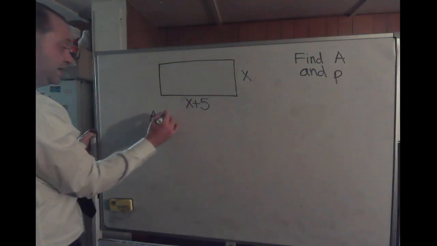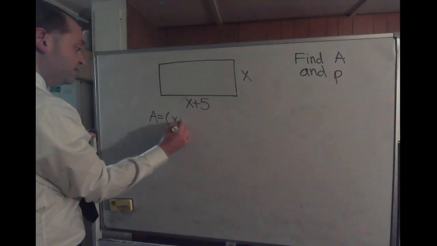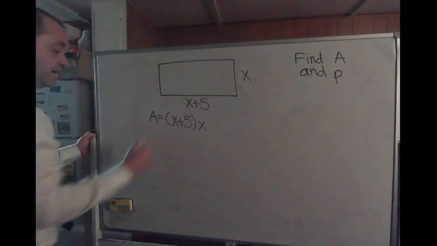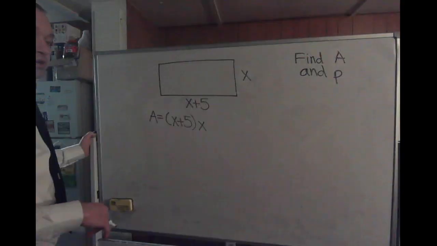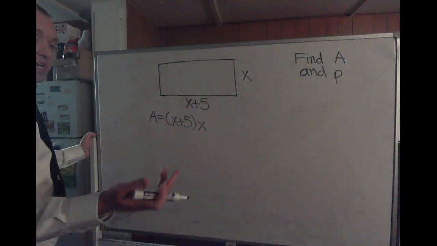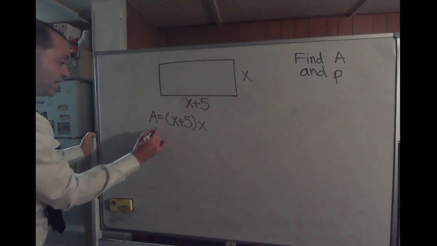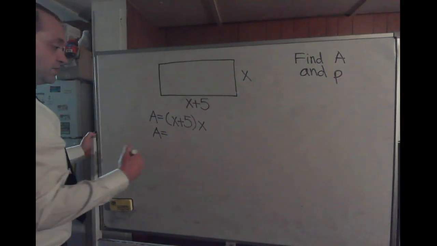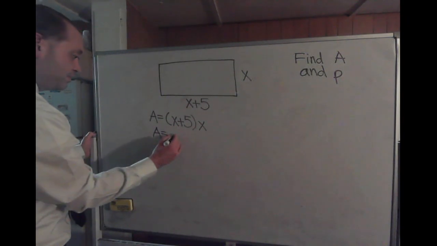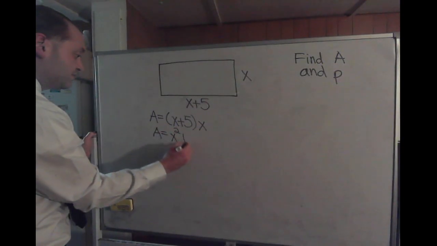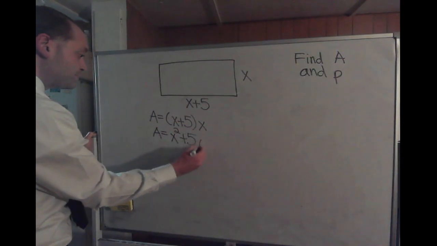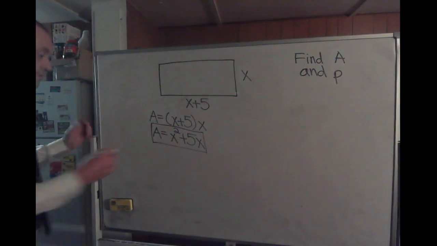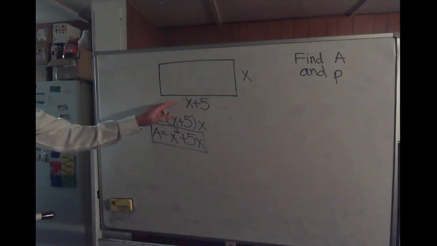Area equals the length of the base, x plus 5, times the length of the height, x. All we're going to be able to do is simplify this in terms of x. We're not going to be able to get a numerical value since all we have are variables. So the area, if you do the distributive property, would give you x squared plus 5x. So the area of this rectangle is therefore equal to x squared plus 5x.